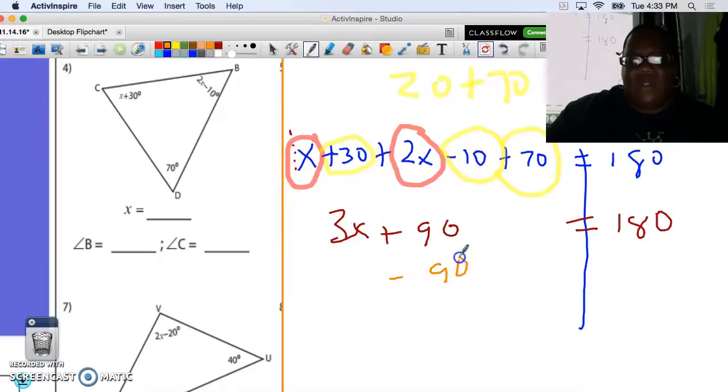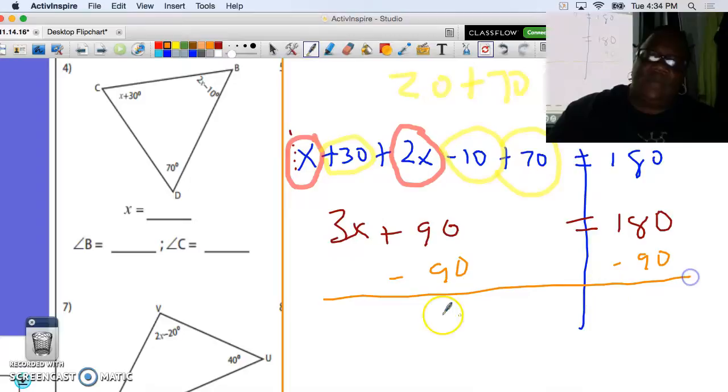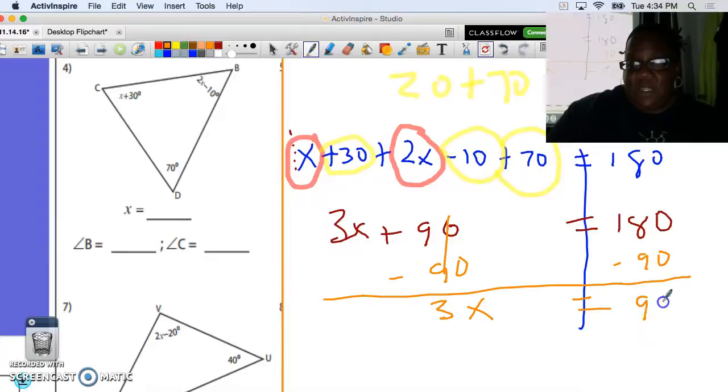So I'm going to subtract 90 on this side, subtract 90 on this side. 3x, that canceled out. Alice tells me that this is 90. Perfect. Okay, x is still not by itself, so I will divide by 3. Divide by 3. That cancels out, leaving me with x.